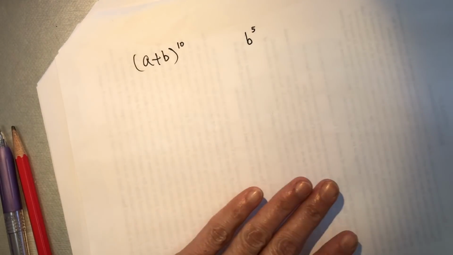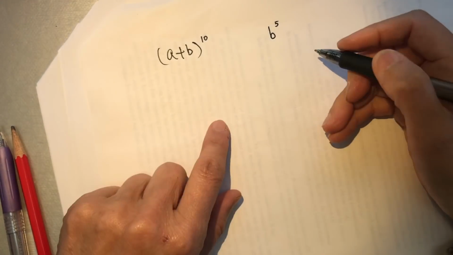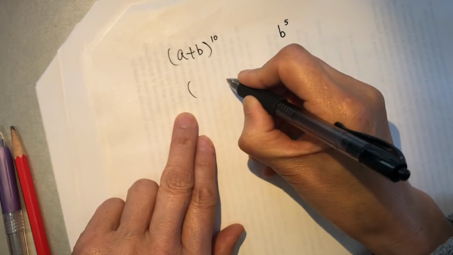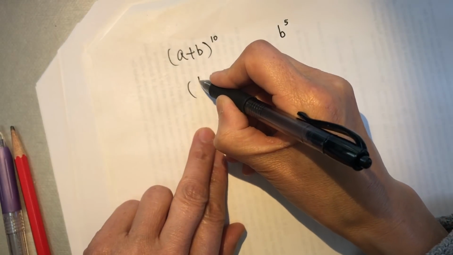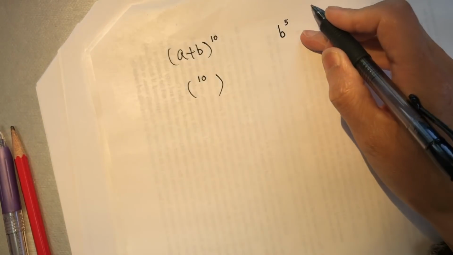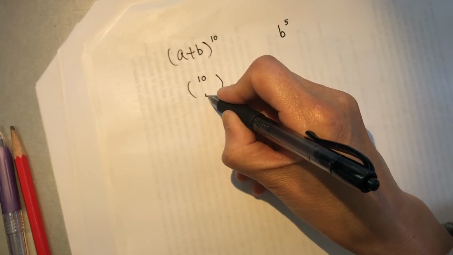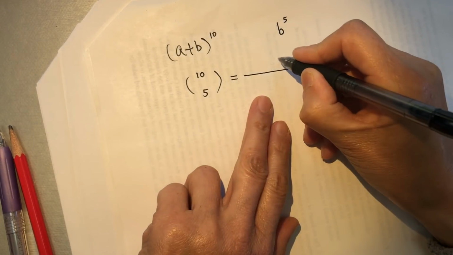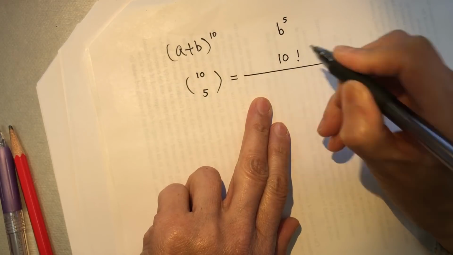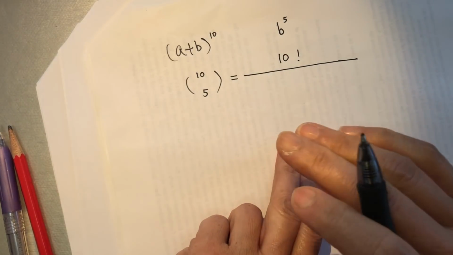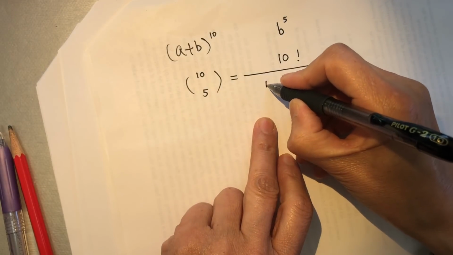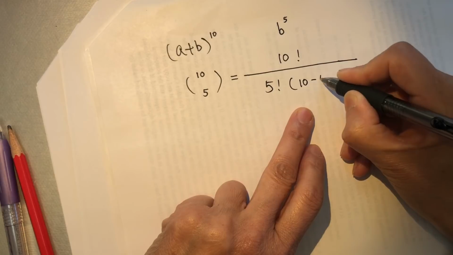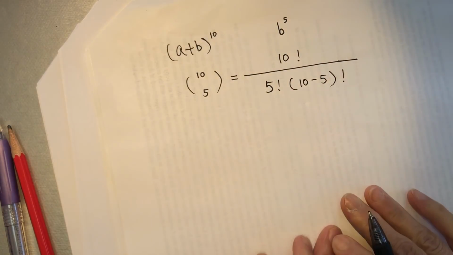We will talk about this formula later. The formula is: you total have 10 items, and b to the power of 5, you get 10 factorial over 5 factorial times 10 minus 5 factorial.